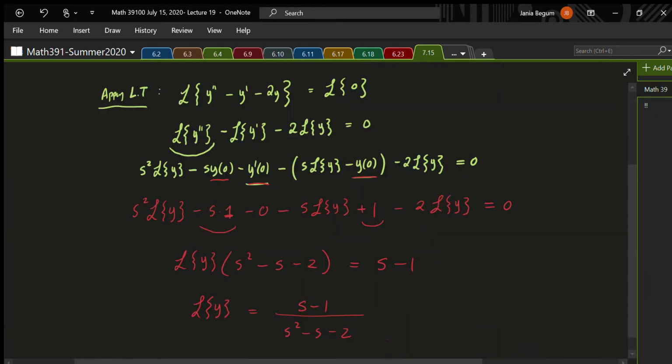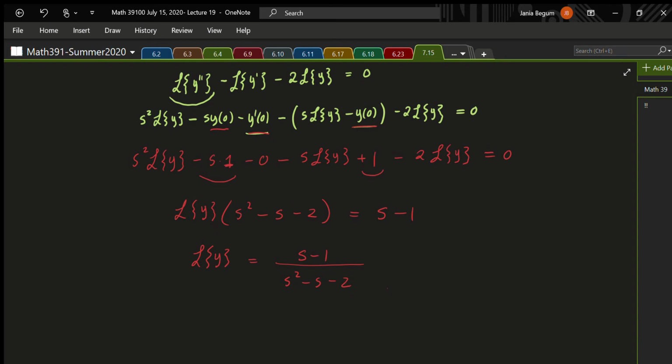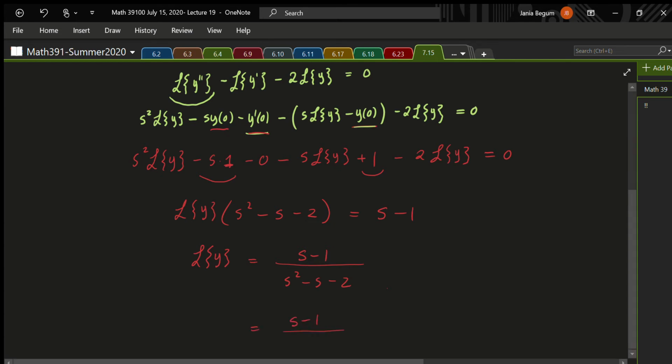So to match it up, we have to decompose this right-hand side, and we're going to decompose this using the partial fraction decomposition, again using calculus. So using calculus, we have s minus 1 on top, and on the bottom I can factor this quadratic. This would be s minus 2 and s plus 1.